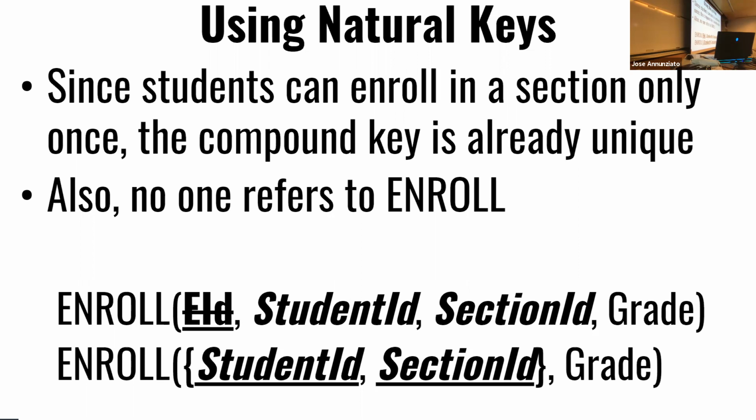Well, one way to fix this is that, instead of using the artificial key for the enrollment table, we could take both the foreign keys, combine them, put them in curly brackets, and say that together the student ID and the section ID, the combination of those two, is unique.